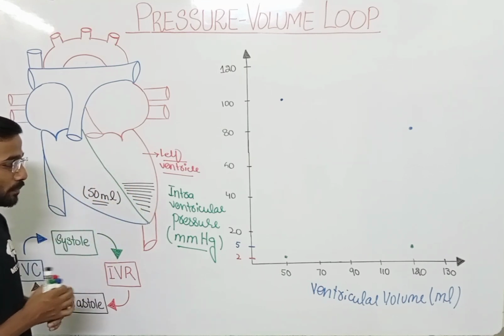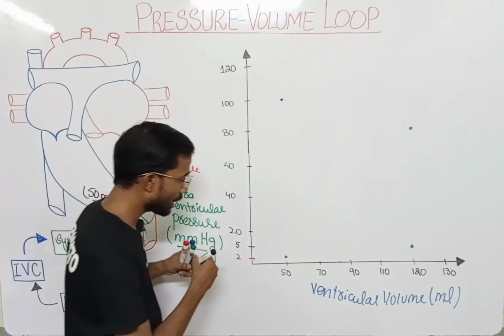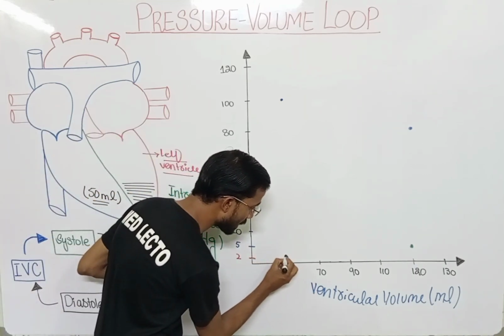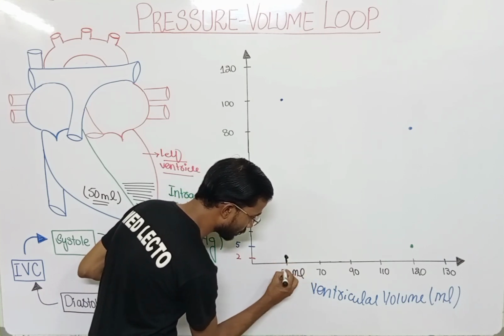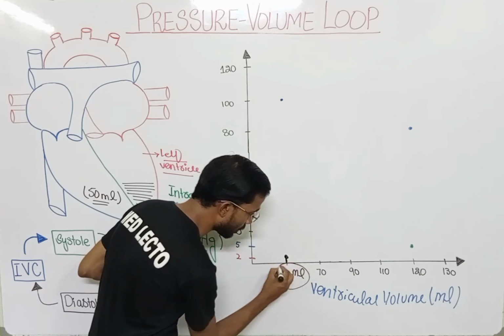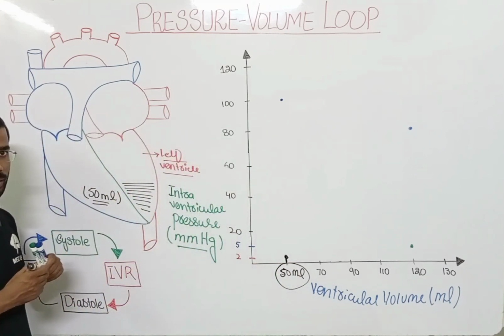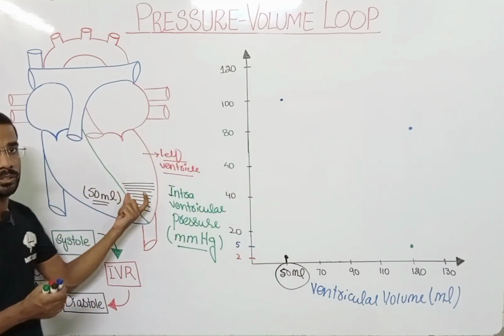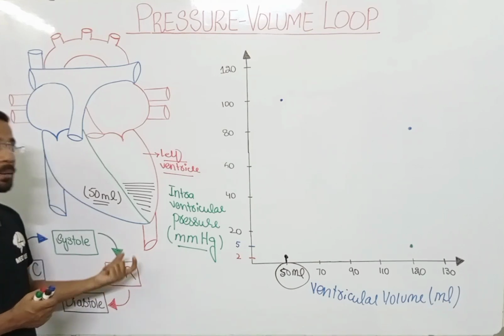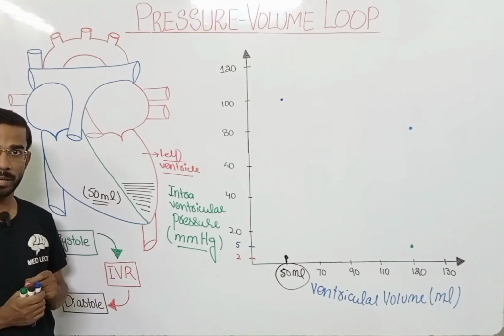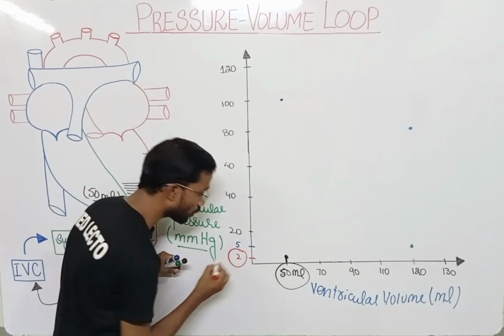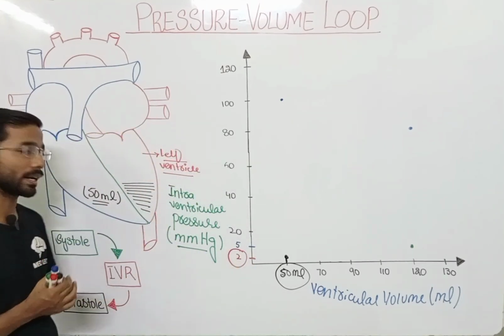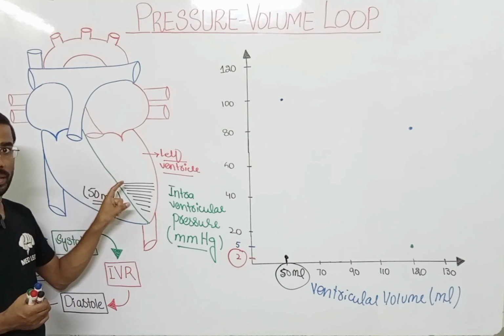This is actually the 50 ml, and the pressure during this phase will be 2 to 3 millimeter mercury, in the diastolic phase.